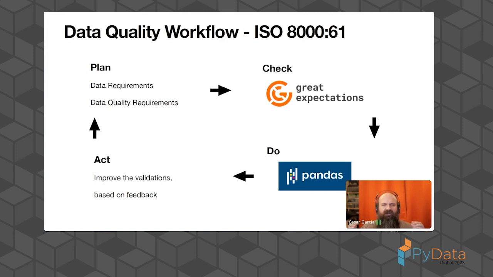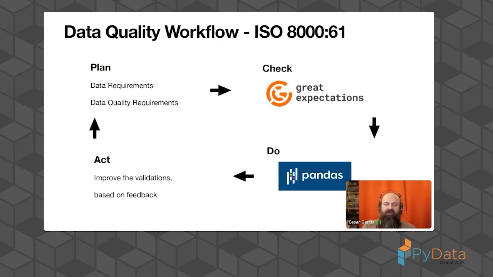We are going to start by defining some data requirements, or data quality requirements. We are then going to create our expectations. Then we are going to validate if the data fulfills our expectations. If it doesn't fulfill them, we will create some pandas functions just to recover the files and to create this variation.